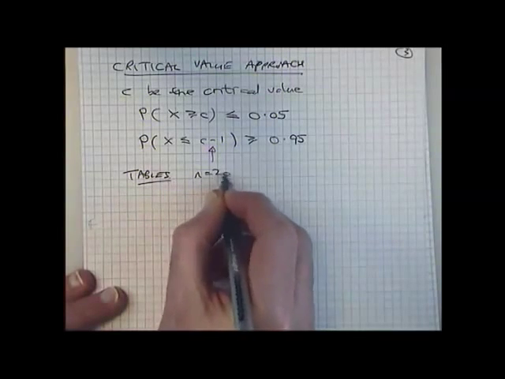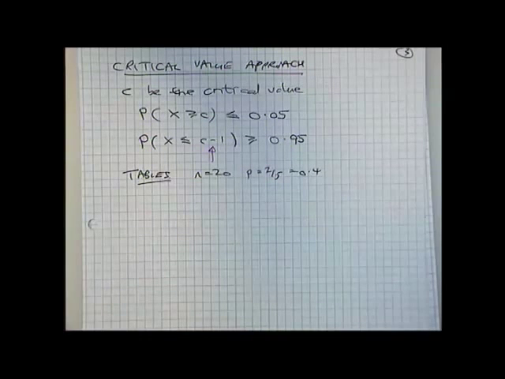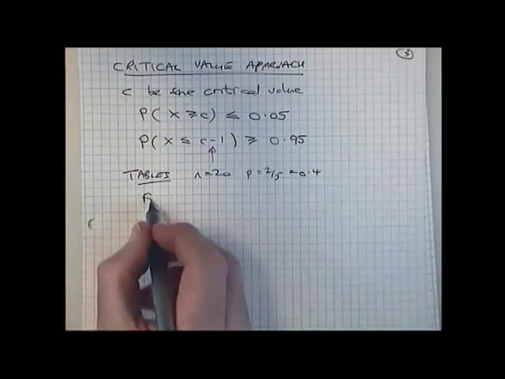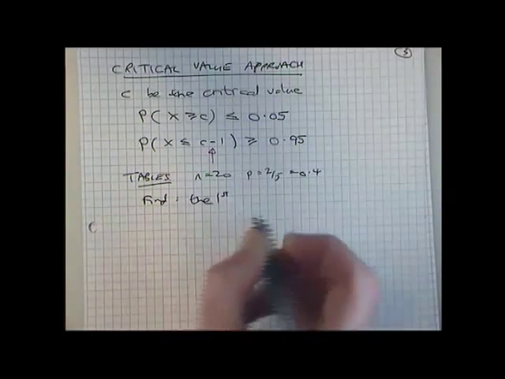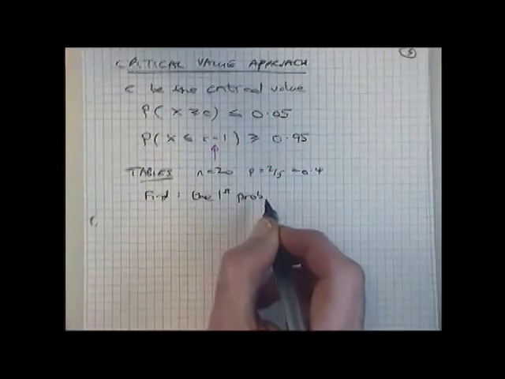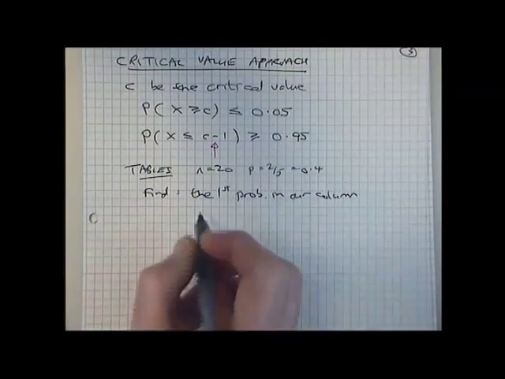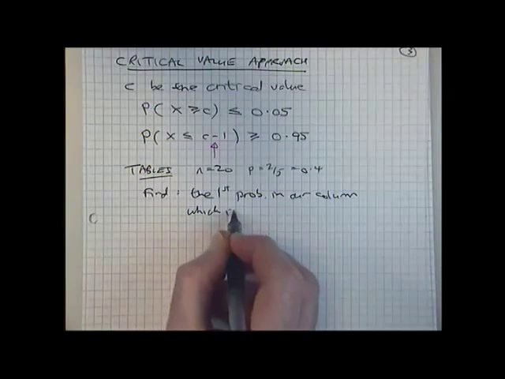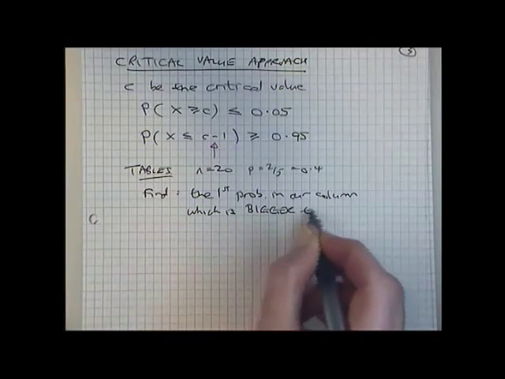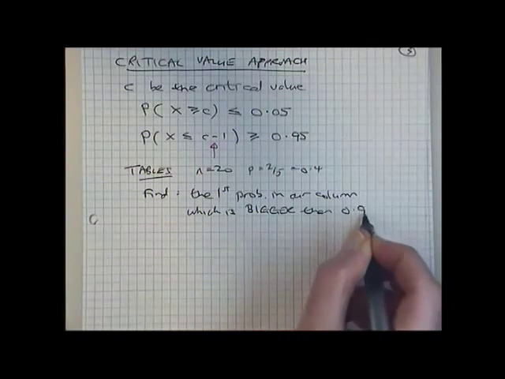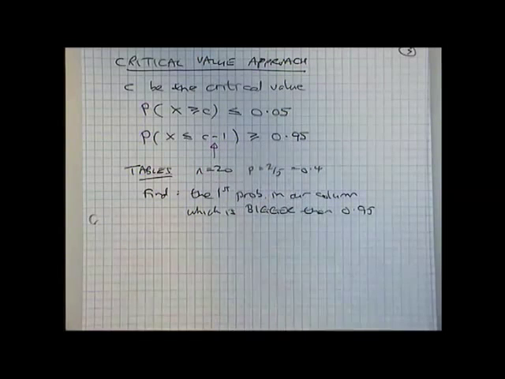So what we want to do now is go to our tables, and we are going to use the n is 20, the p is 2/5, which is 0.4 as a decimal. And what we are trying to find is the first probability in our column which is bigger than 0.95.